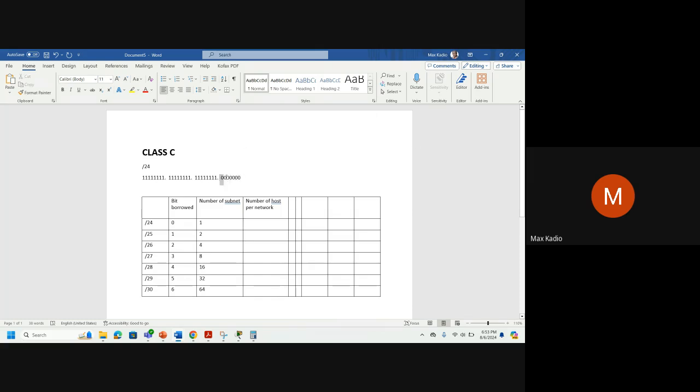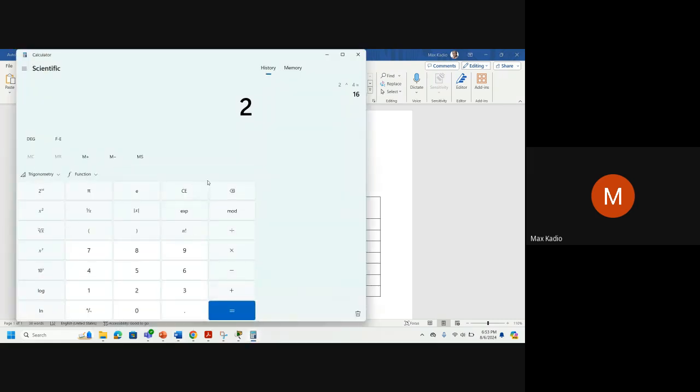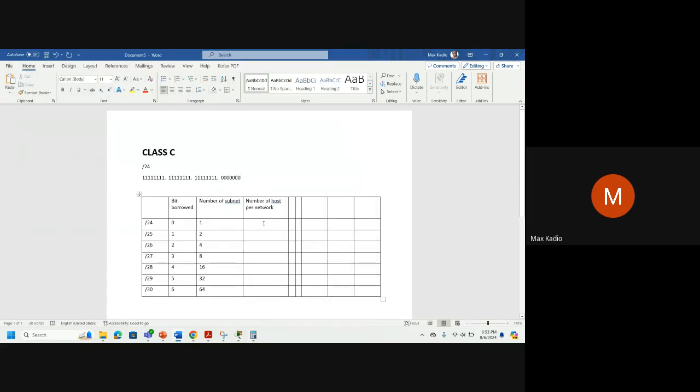So here I didn't borrow anything, so I have 8 here. So 2 to the power of 8 is 256 minus 2, 254.